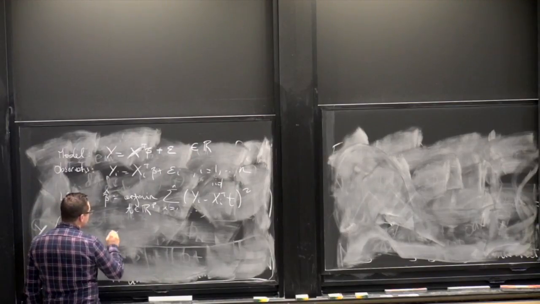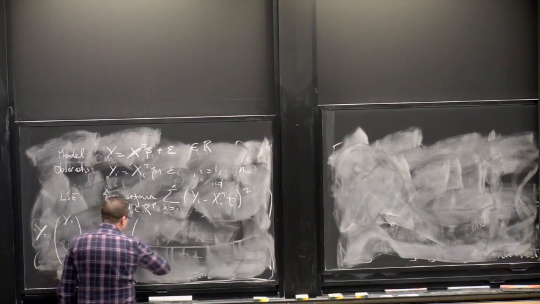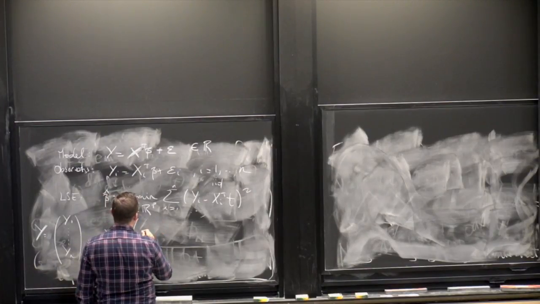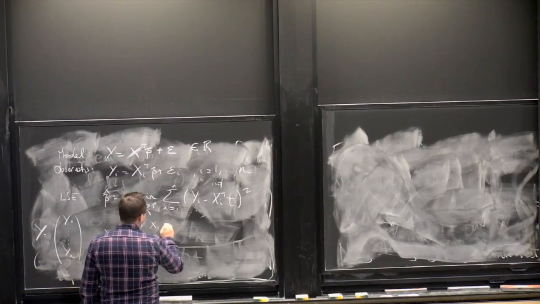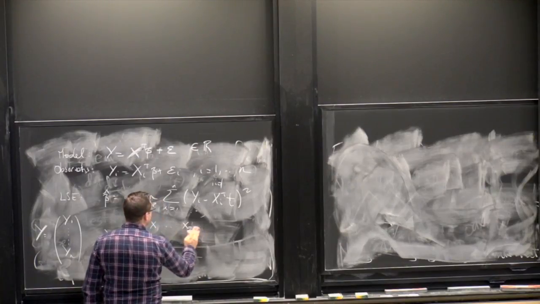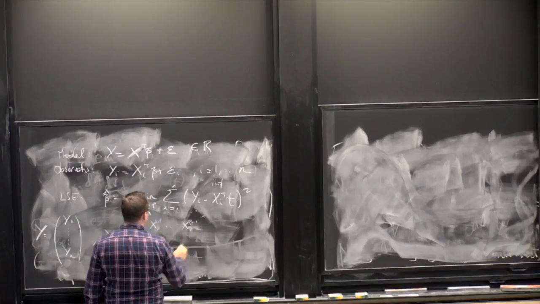Then I have x, which is a matrix where, well, the first coordinate is always 1. Okay, so I have 1 and then x1, up to xp minus 1, and that's for observation 1.